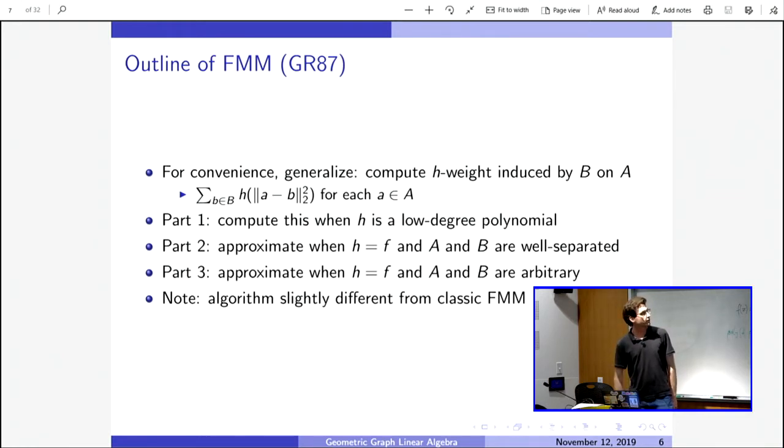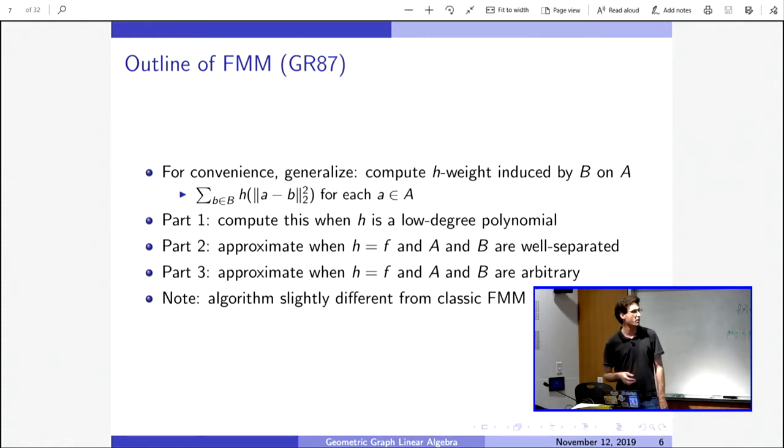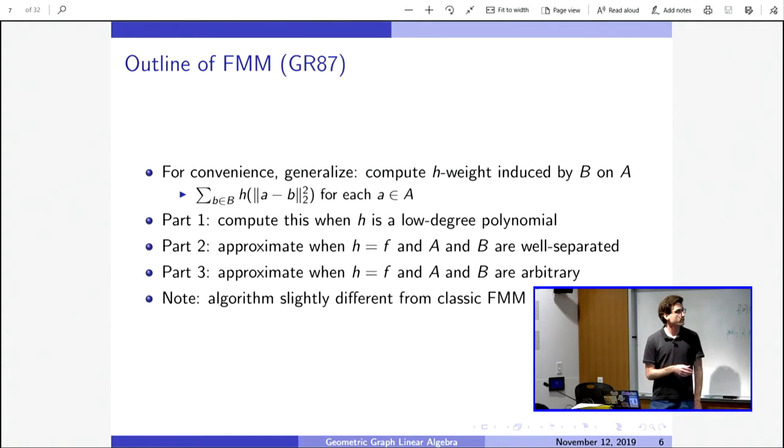The way we'll do this with h equal to f is as follows. We'll start by assuming that h is a low degree polynomial and seeing how you can do it in this case. Then we'll use that subroutine to get the desired runtime when A and B have special structure, when A and B consist of well-separated sets.